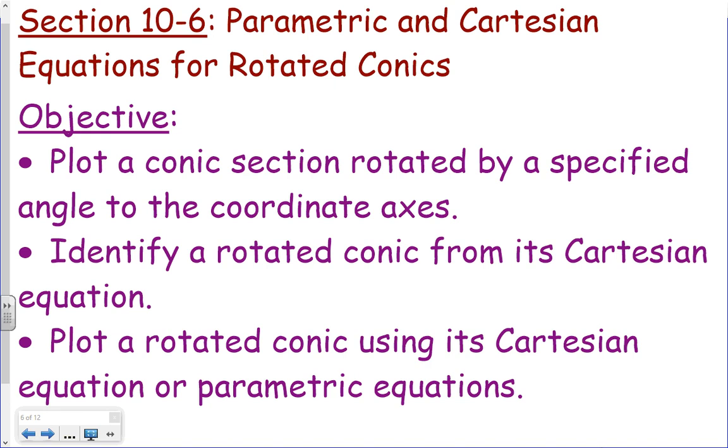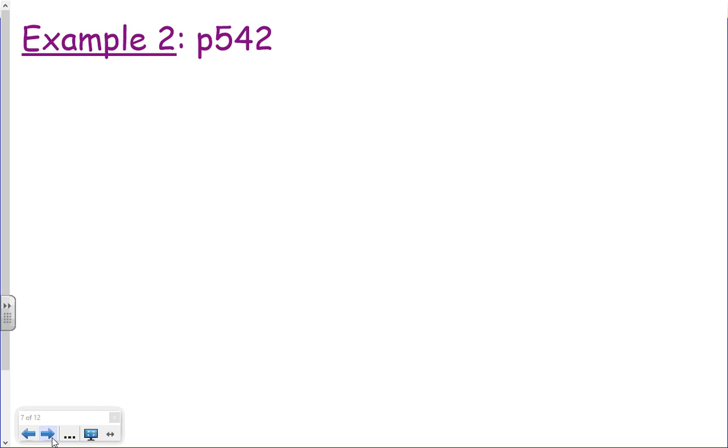All right. Let's take a look at an example here then. Turn to example 2 here in your book on page 542. This example says, plot the graph of the equation 9x squared minus 40xy plus 25y squared minus 8x plus 2y minus 28 equals 0.